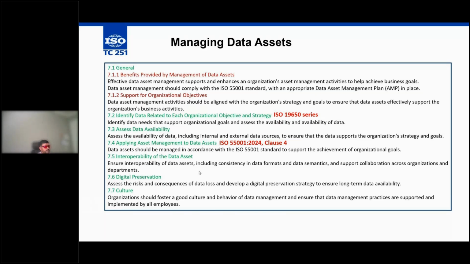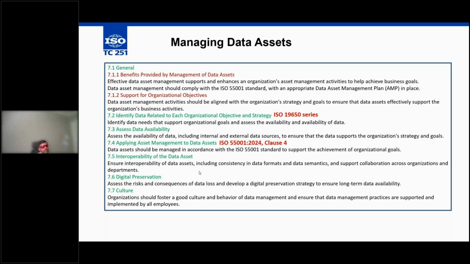It also helps interoperability of the data set, that is the data being used across multiple organizations externally as well as internally between divisions, where you need to pay attention to consistency, formats, data semantics, and digital preservation. I mean, how do you preserve your data for the long term? Because usually the data life cycle is longer than the asset life cycle in most cases.